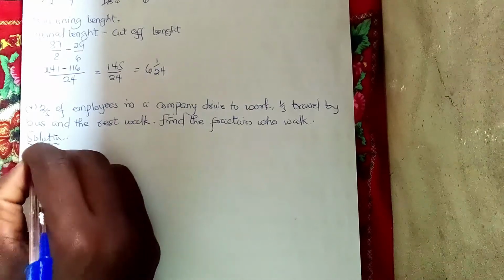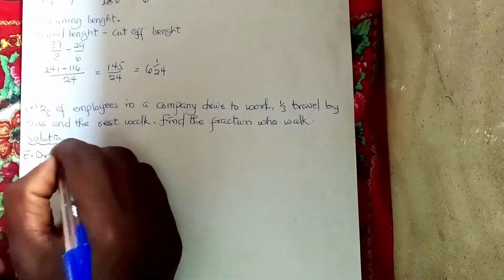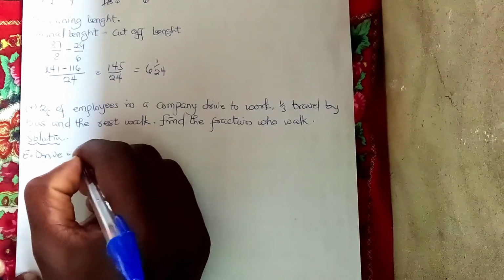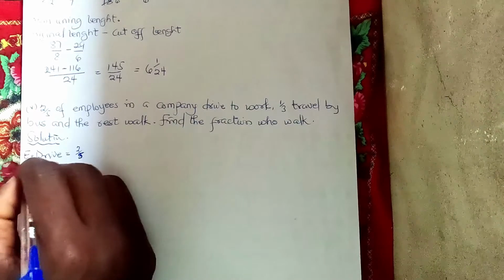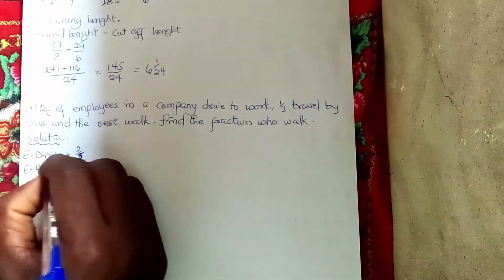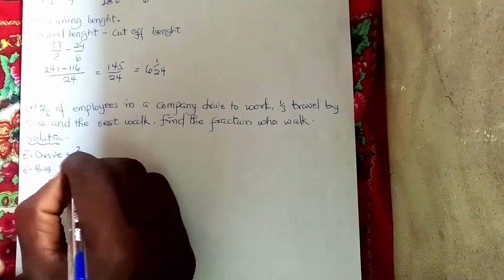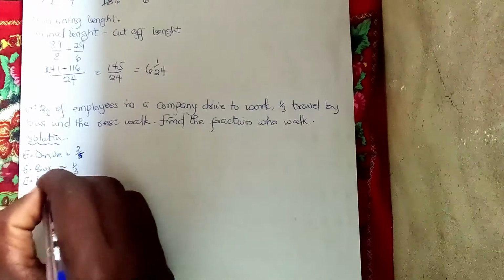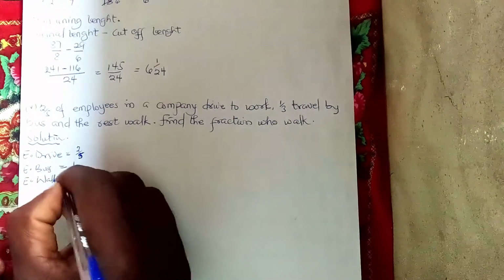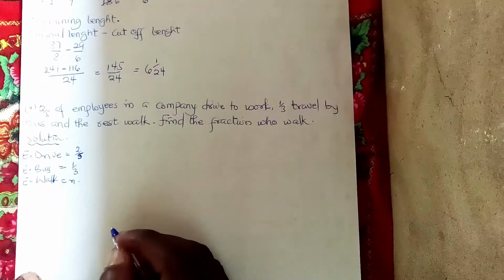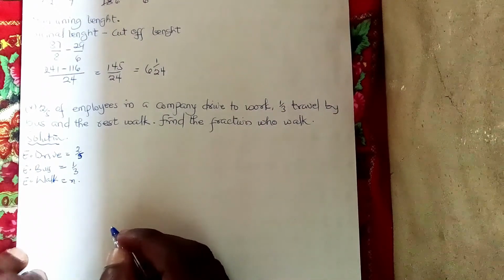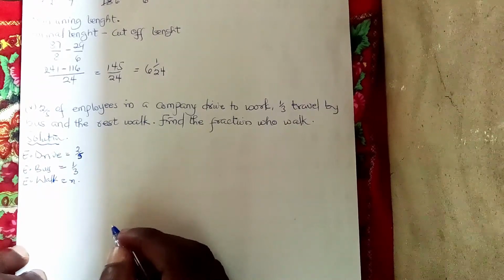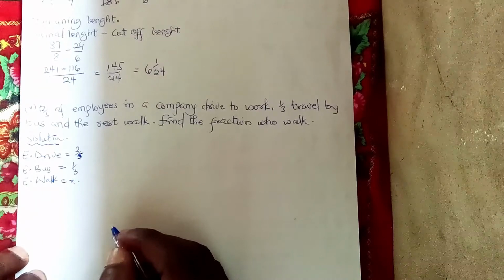Employees that drive equals 2/5, 2 on 5. Employees that use bus equals 1 on 3. Employees that walk, we don't know, but the highest fraction in terms of the sum of proper fractions is 1.